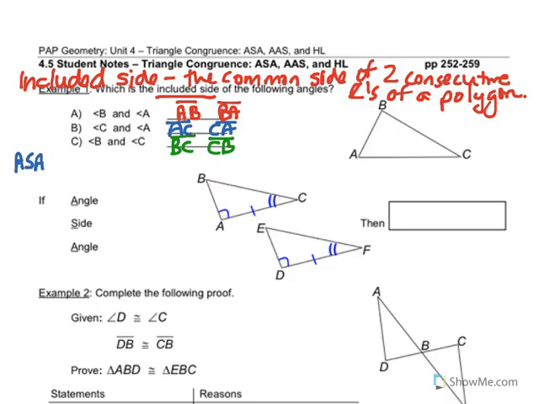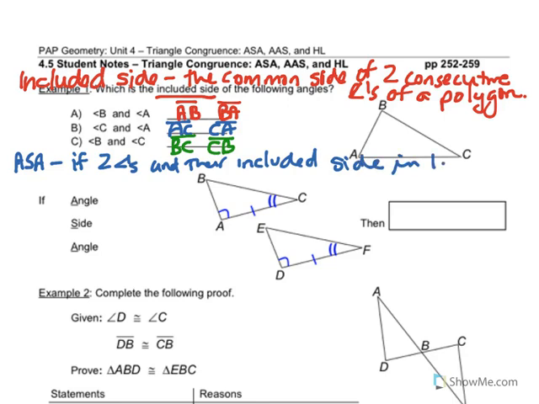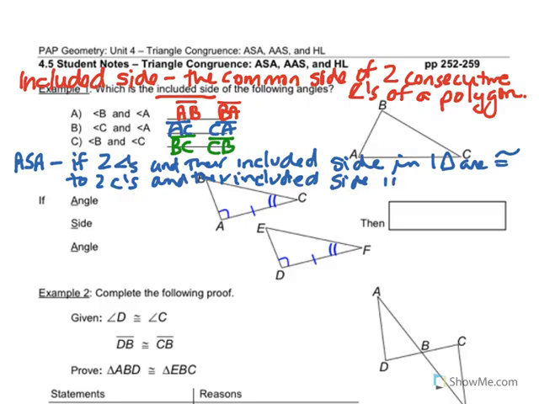Okay, so let's do the definition of angle, side, angle. I shouldn't say definition, but this is the postulate. If 2 angles and their included side in one triangle are congruent to two angles and their included side in another triangle, then the triangles are congruent.